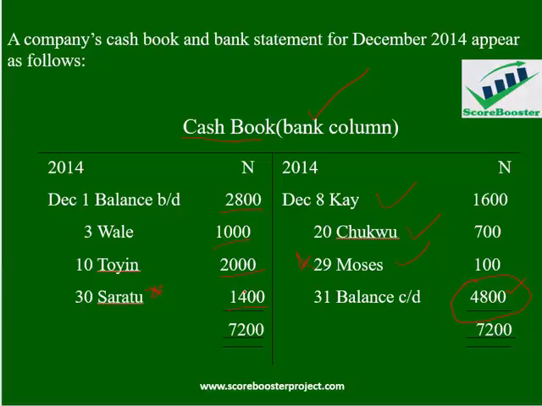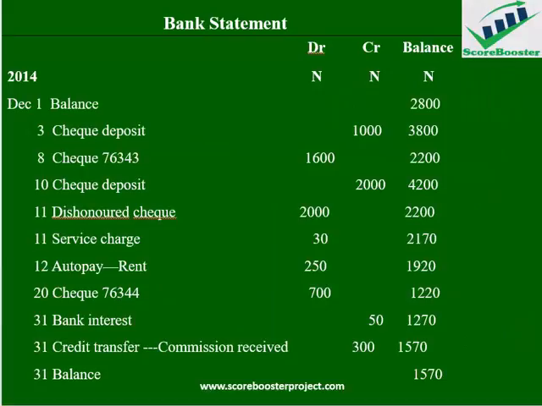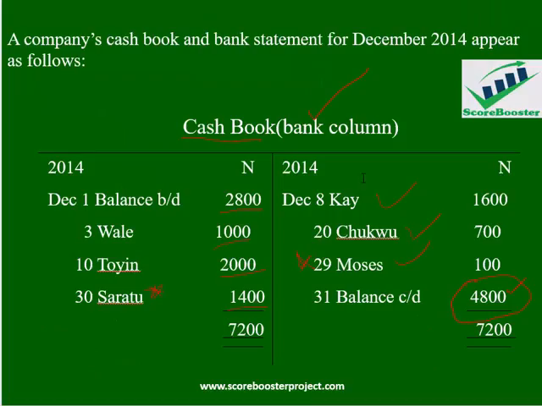By the time you come to your bank statement from your bank, the bank gives you this. When you receive it from the bank, you will compare your debit side here with your credit side here. Please, let's take note of this.